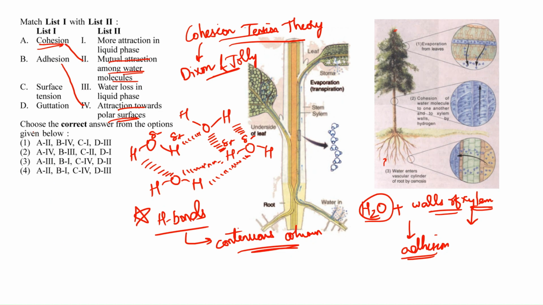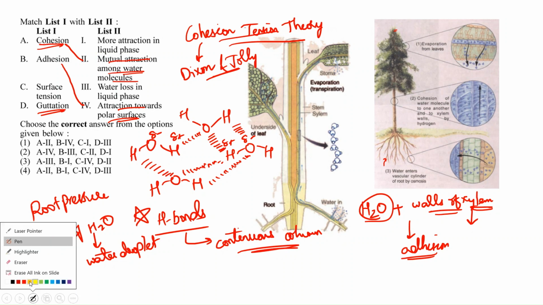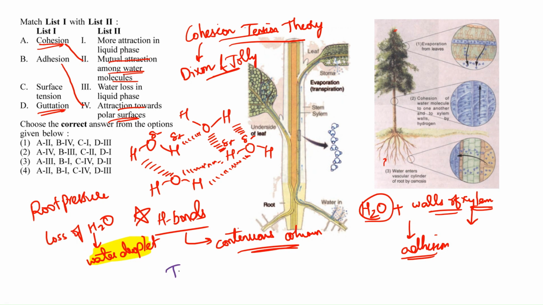Now, have you ever observed the process of guttation? Guttation usually occurs because of root pressure. What is guttation? It is loss of water in the form of water droplets. This is important, please note, because in case of transpiration, it is also loss of water, but the loss of water is in the form of water vapor.